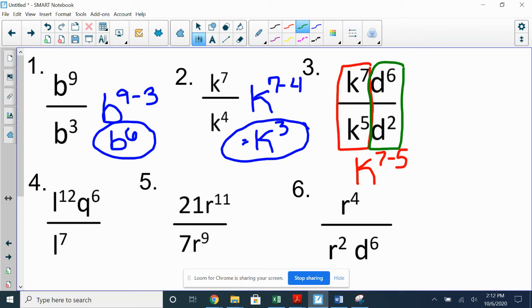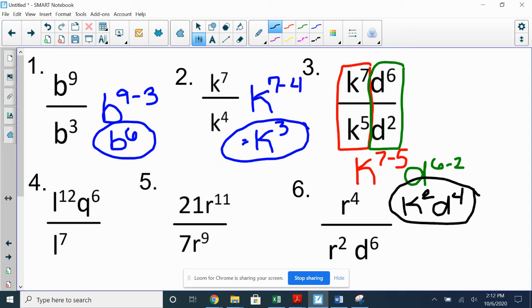And then we're going to keep that matching base of d, and again, top minus bottom, so 6 minus 2. When we combine all that, we know k to the 7 minus 5. Well, 7 minus 5 is 2. And again, d to the 6 minus 2. Well, we know 6 minus 2 is 4. So we are left with k to the 2, d to the power of 4.